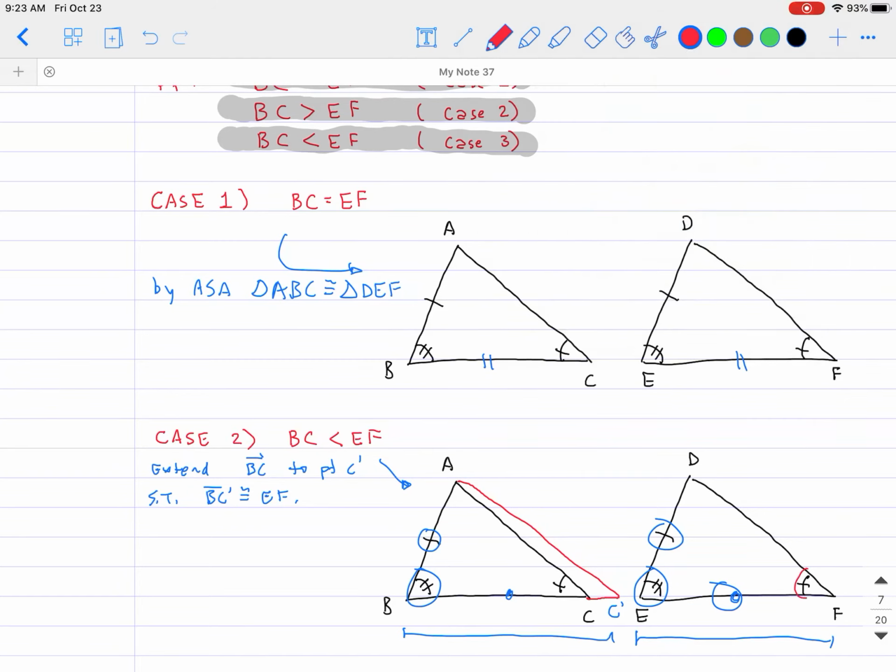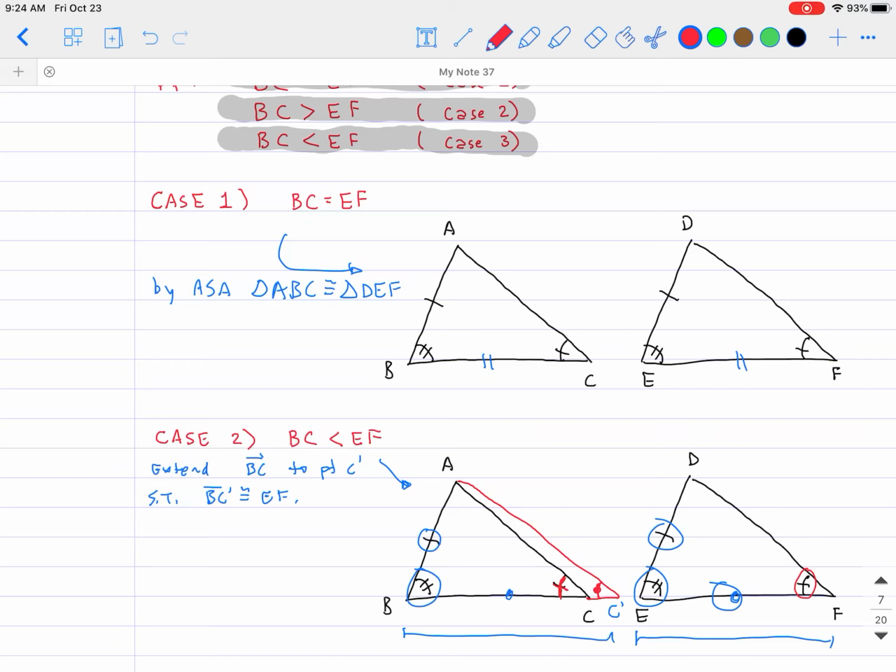Looking at the picture, these two triangles are congruent to each other by SAS. So that's fine. And then by corresponding parts, now this is the part that you have to watch out for, this angle F would then be congruent to this angle C prime by corresponding parts. Now, at the same time, that angle F is congruent to this angle over here, which is going to be ACB.